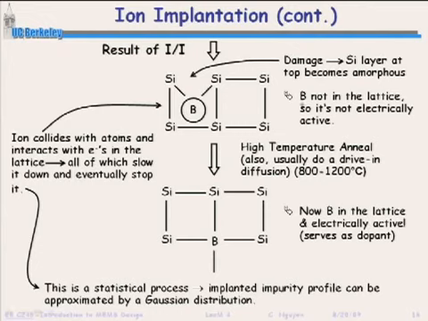Okay, and the reason for that is the boron, in order for it to be conductive, like we just discussed, has to go in the lattice, so it can contribute its hole to the rest of the lattice there. And so the way that we put it in the lattice is after this damage is created, we do a high temperature anneal so that these borons can diffuse, and they're going to diffuse to a defect in the lattice, where there's no silicon.